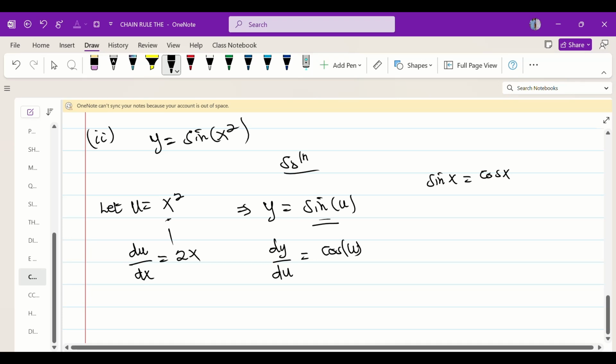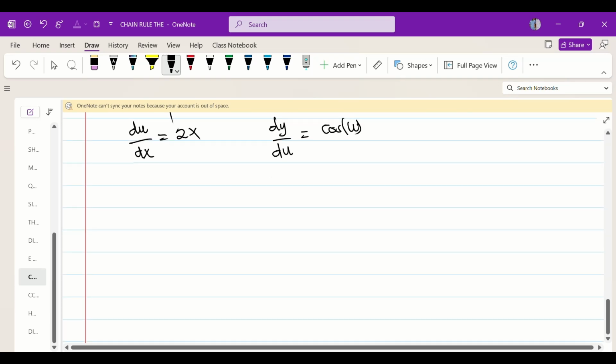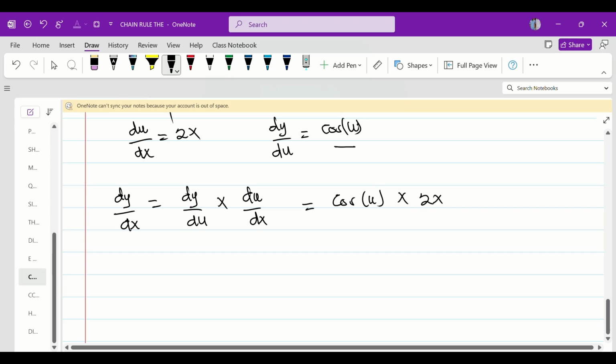According to the chain rule, we have dy/dx equal to dy/du multiplying du/dx. Our dy/du is cos u, multiplying our du/dx, which is 2x. So here you get 2x cos u.